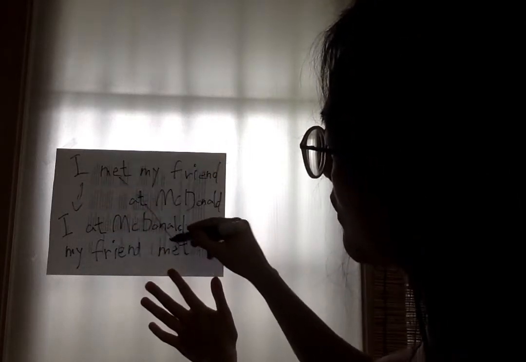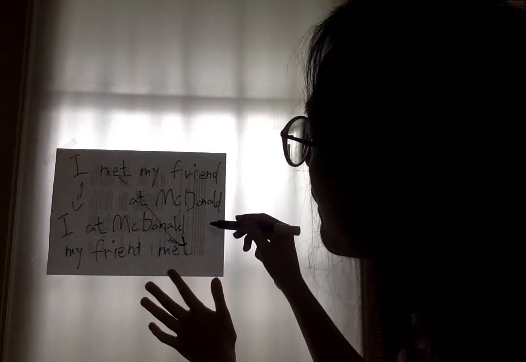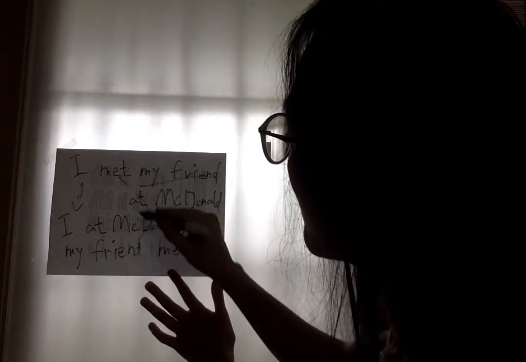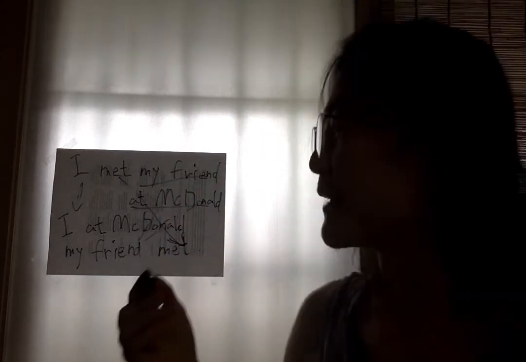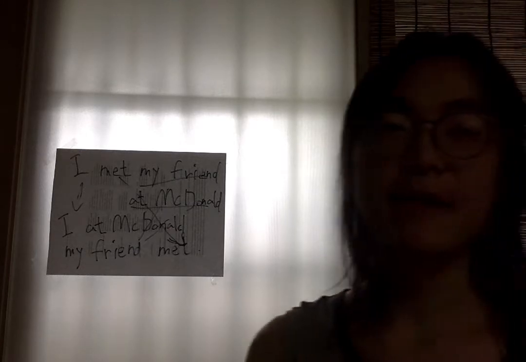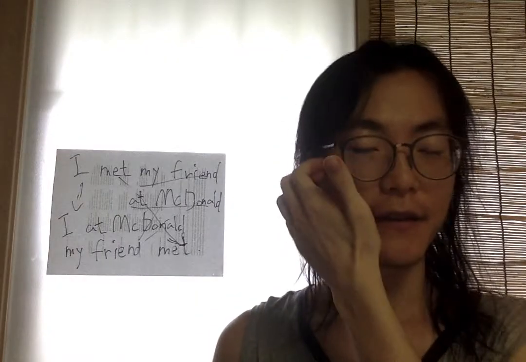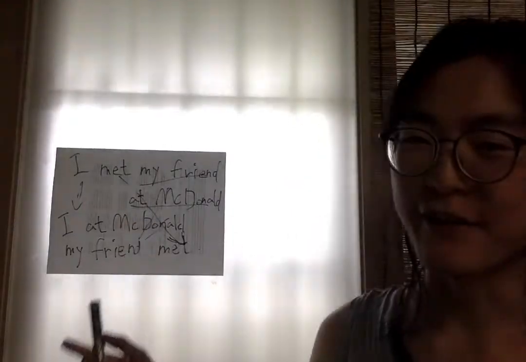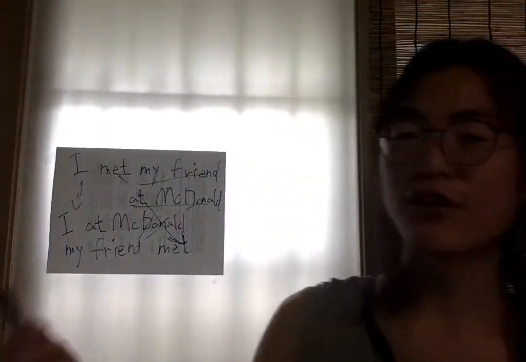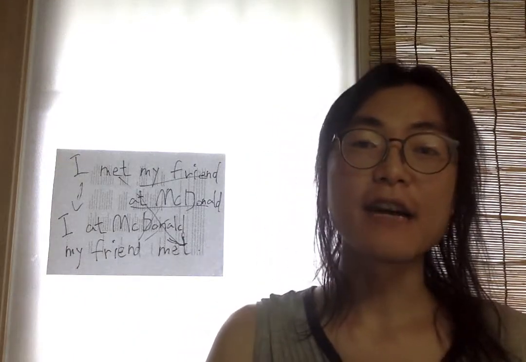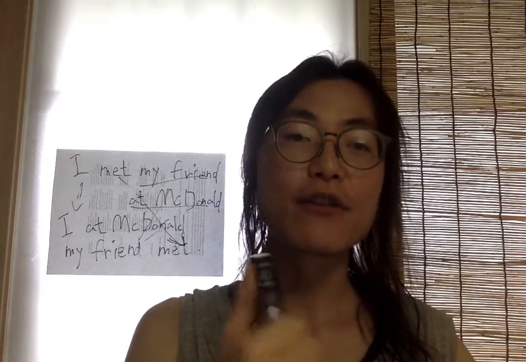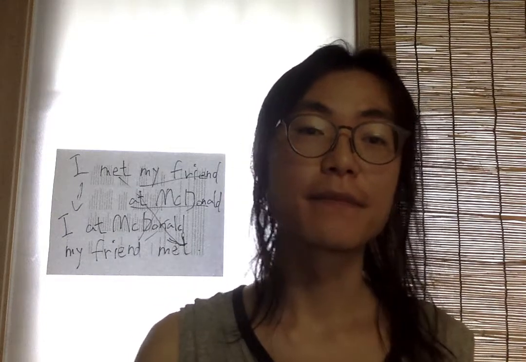Met goes to the end, and my friend, at McDonald's. I at McDonald's. My friend met. 나는 맥도날드에서 친구를 만났다. I'm gonna skip writing in Korean because it's just to show this sentence example. It's confusing, right? But as time goes on, you're gonna adapt to this different sentence order.